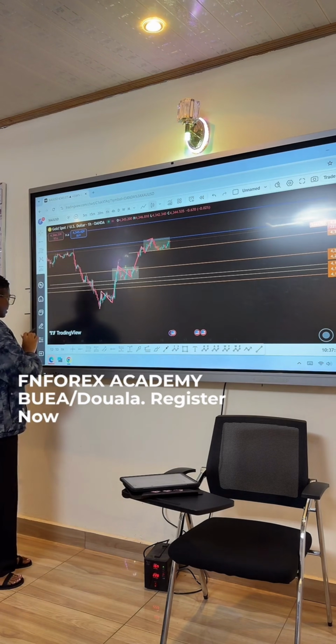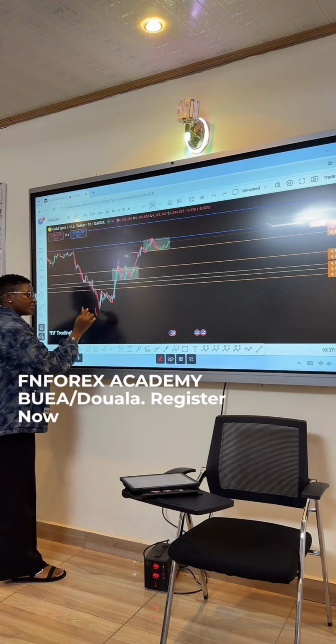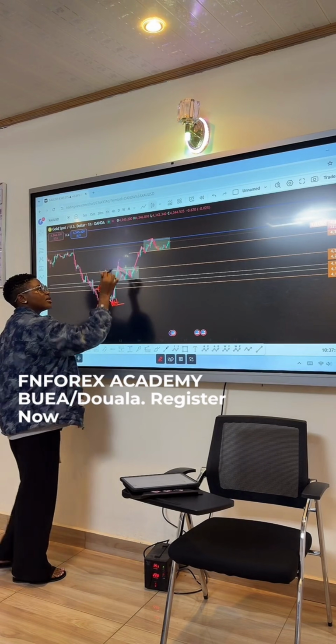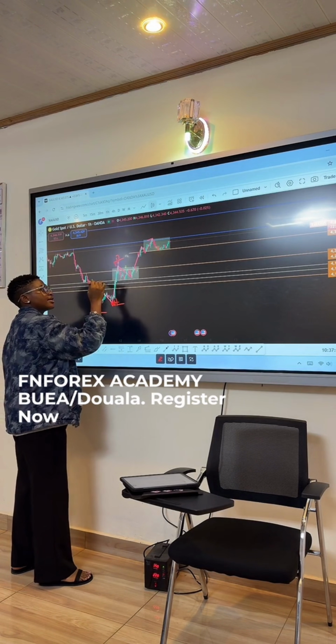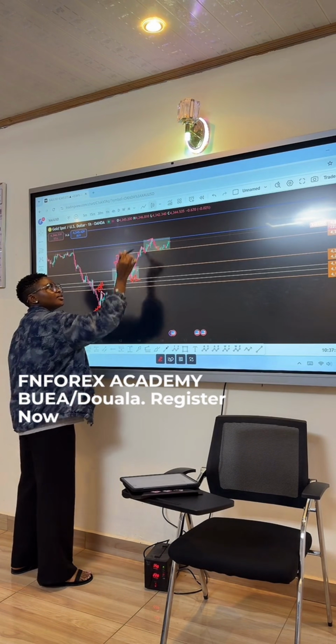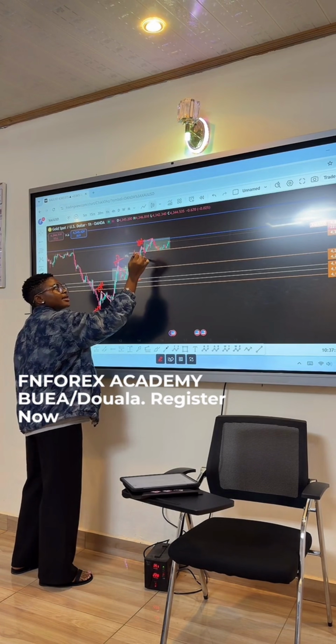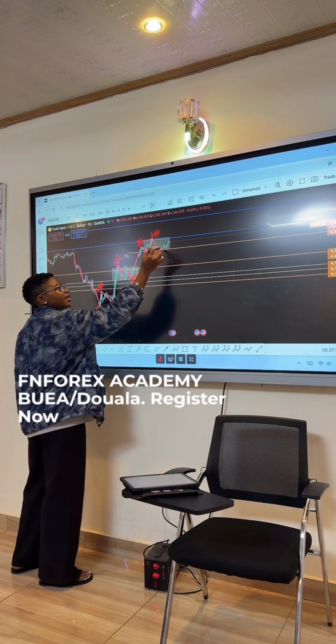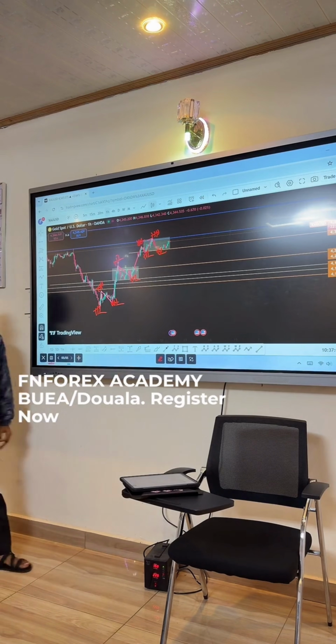Higher highs. This was the higher low, higher high, higher low, higher high, higher low, higher high, higher low, higher high, equal low.